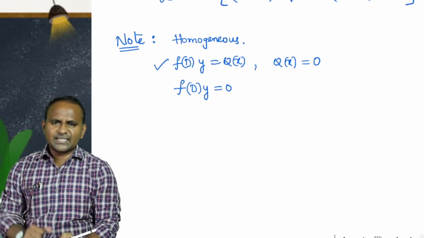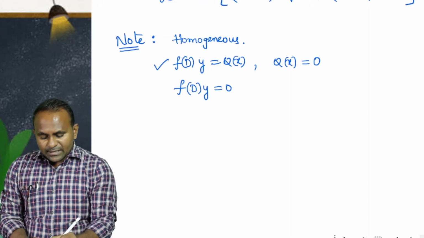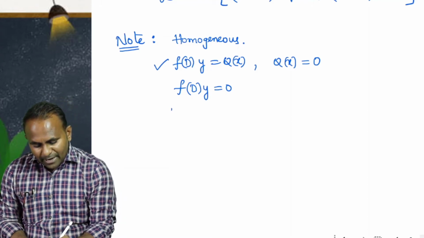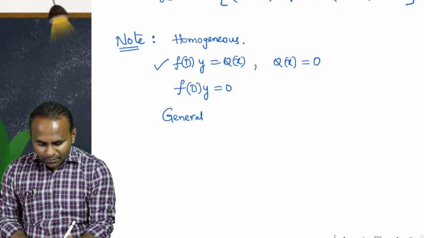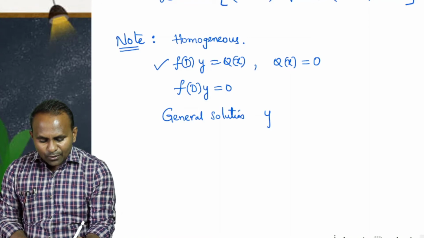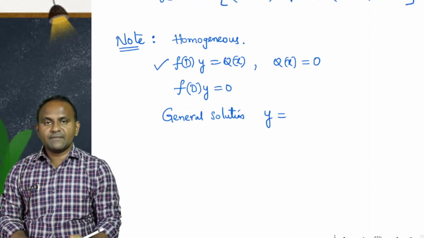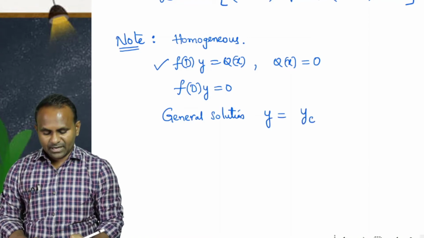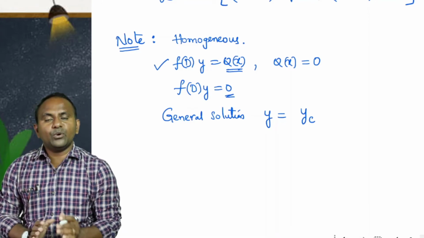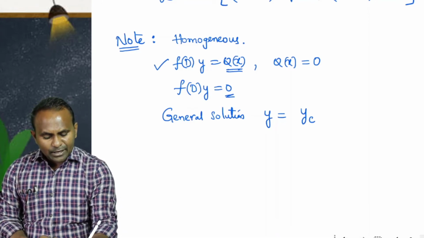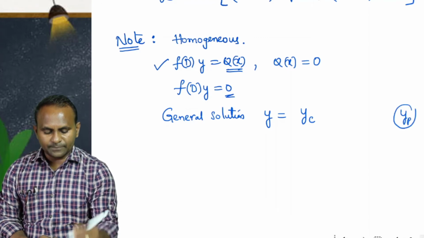So what is being discussed here? See, for this homogeneous differential equation, if we want to write a general solution, it will be only yc. There will be no particular integral. Whenever there is q, I mean some function other than 0 is involved, then only the other part, the particular integral yp, will be involved.